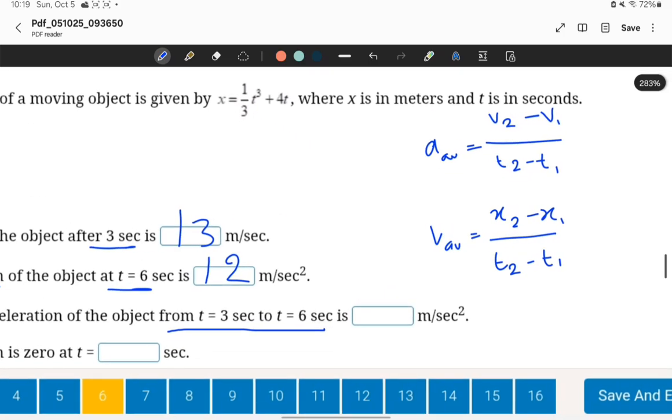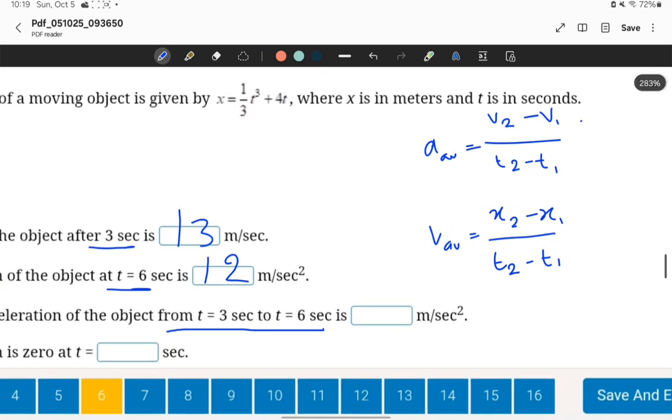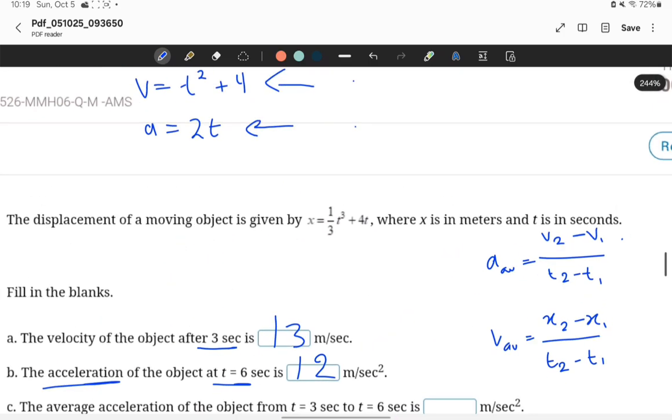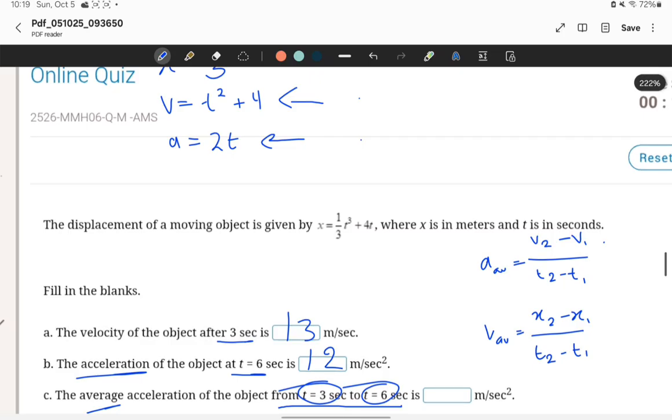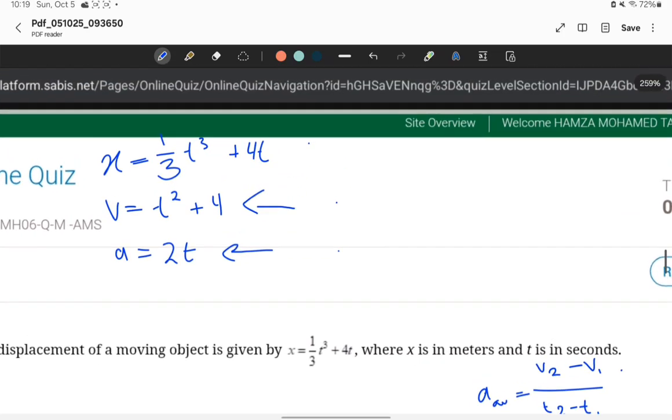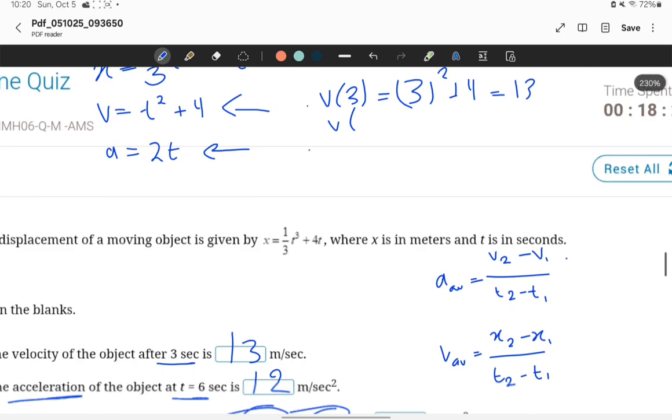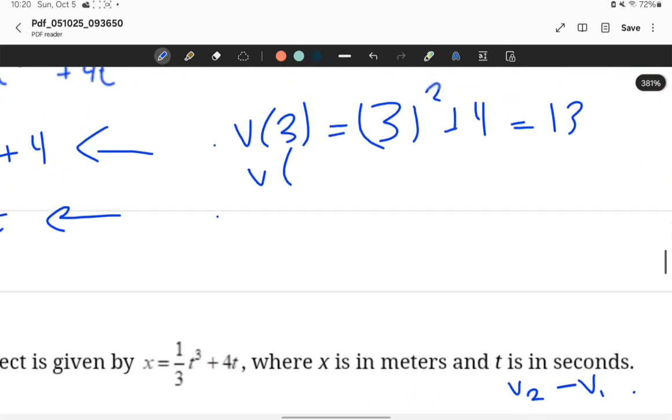Right? So now to get v2 and v1, so that we can substitute, we're just going to take these two values and substitute them in our equation here. So v of 3 is going to be 3 squared plus 4, which equals 13. And for v of the second time, they gave us a 6.